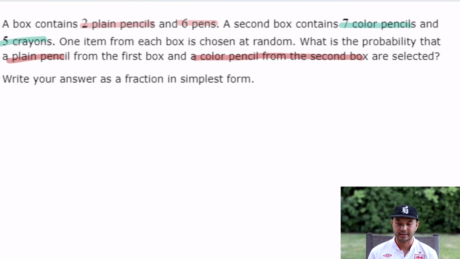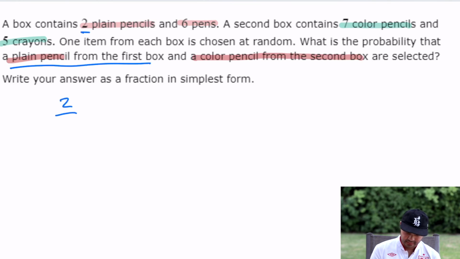So first, let's see, is this dependent? Because there are two different boxes, right? So I do not think this is dependent. Yeah, this is independent. Plain pencil from the first box. So plain pencils out of 8. Not 2 out of 6. It's 2 out of 8 because there's 8 total writing utensils there. Okay?